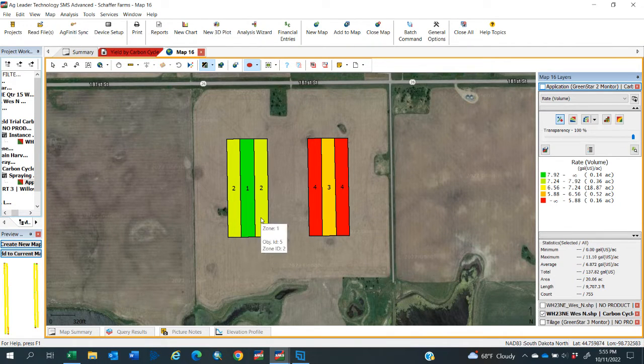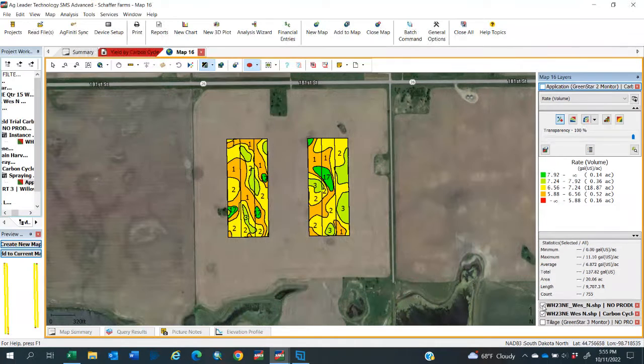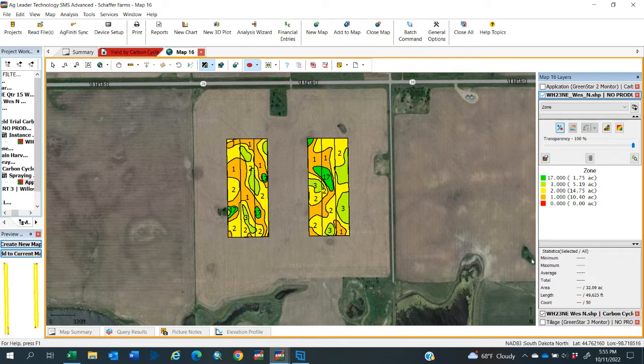It's not a fair comparison. So what I did is I had the soil management zone cut down, and these are the soil types within the carbon cycle and the non-carbon cycle control areas.